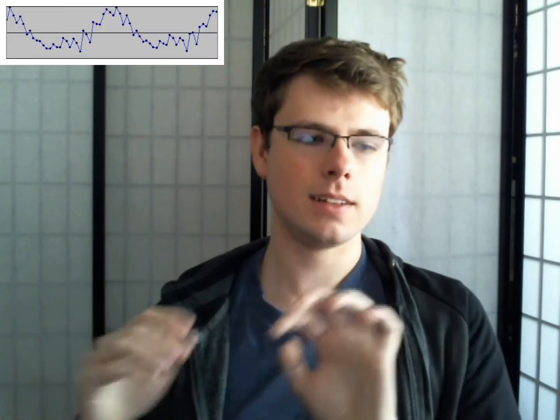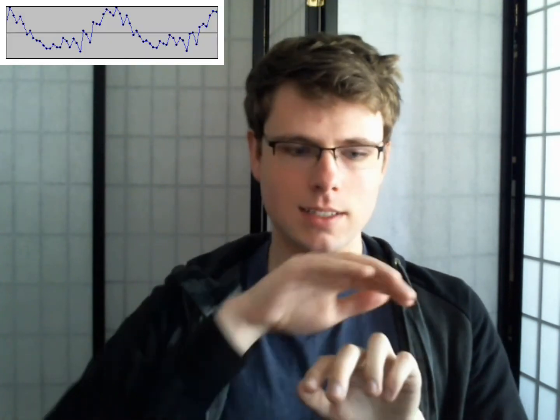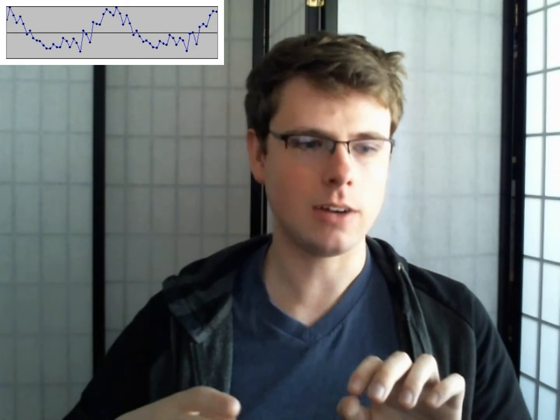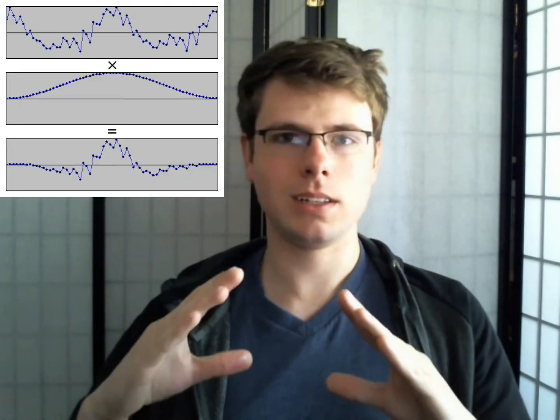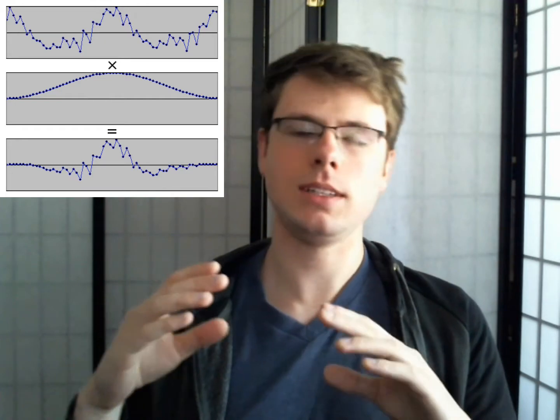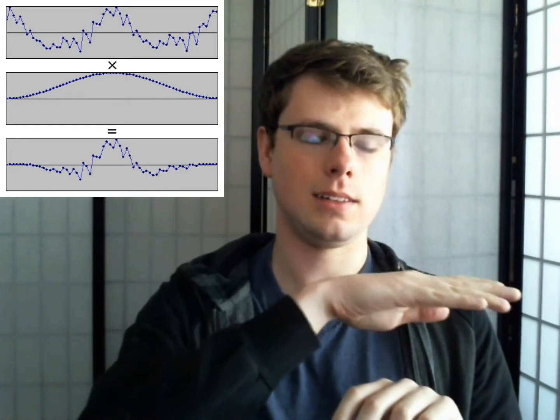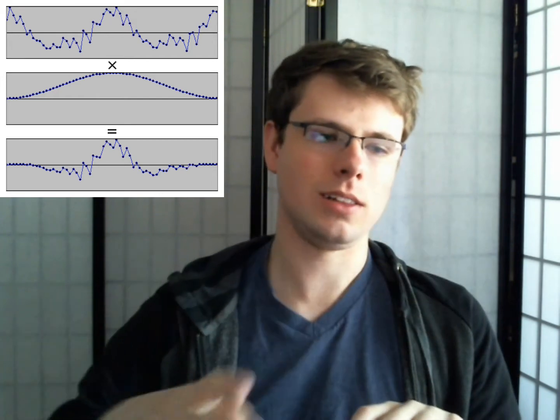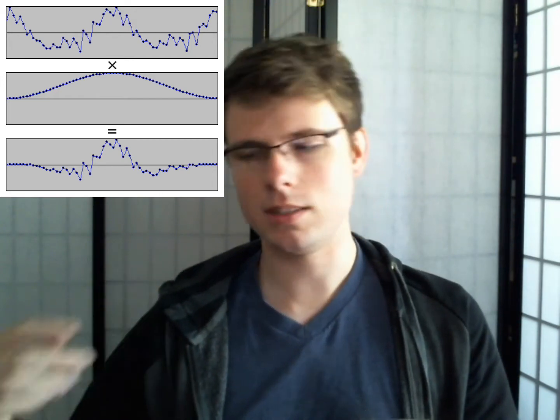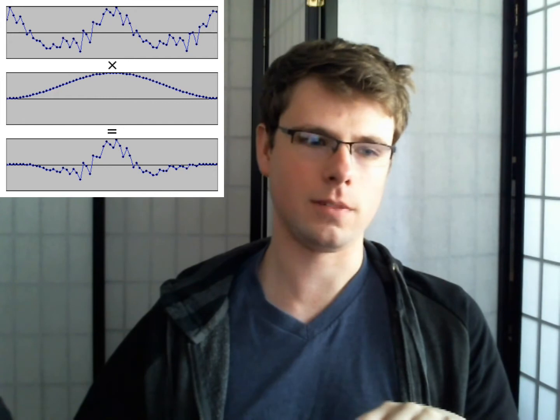So if you're trying to make a spectrogram of an audio file, you're taking all these Fourier transforms. For each little segment of audio, you need to essentially fade it in and then fade it out so there's no clicks. And you typically do that by multiplying it by a windowing function, which is just like a little normal distribution looking thing. And there's ones that work specifically well for Fourier transforms.